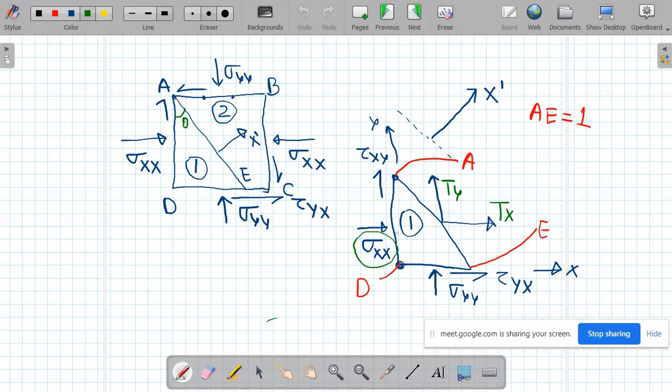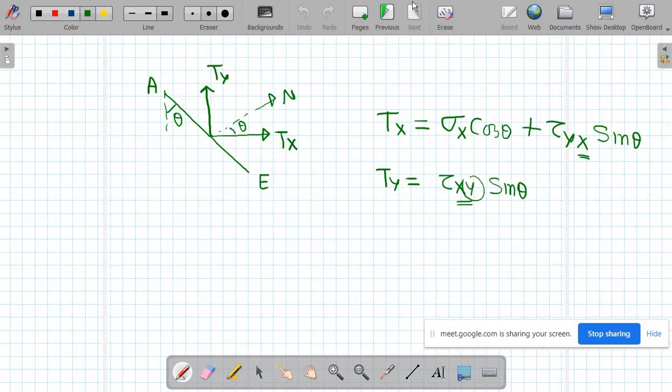Look at here, this shear xy is applied on this, so it has to be multiplied with cos theta.